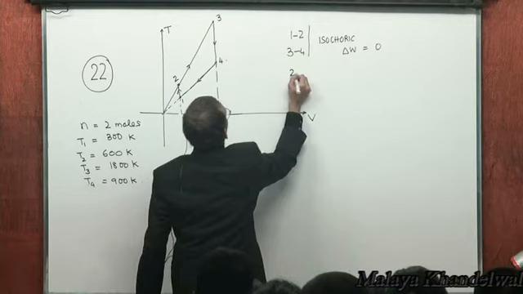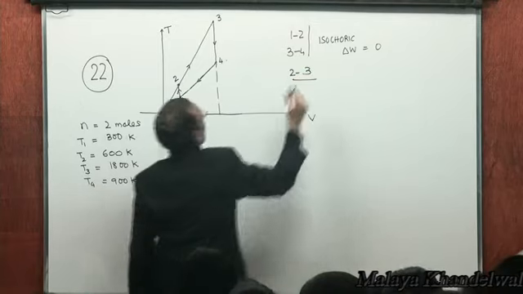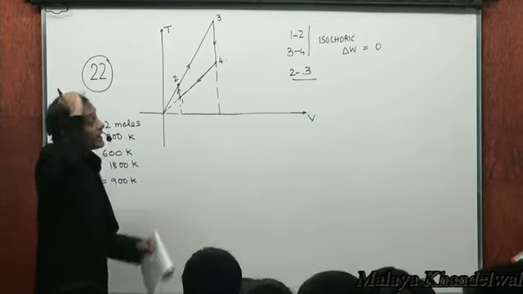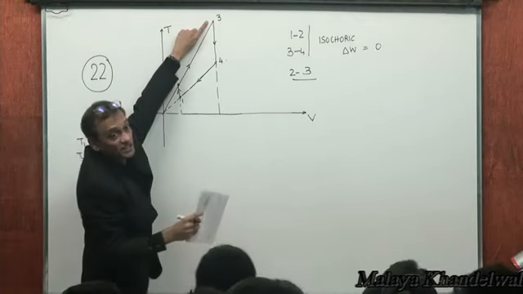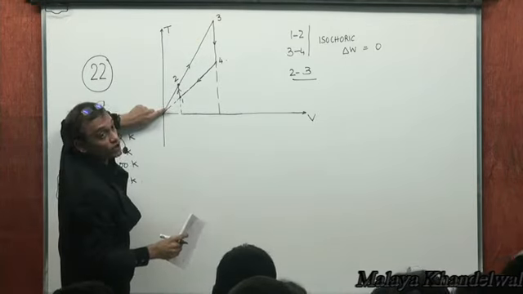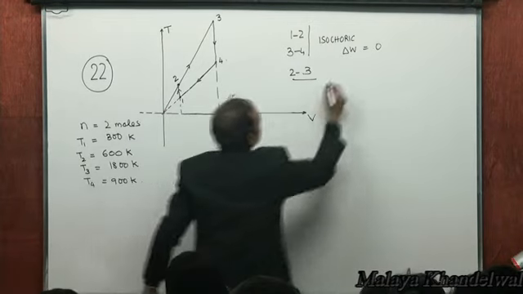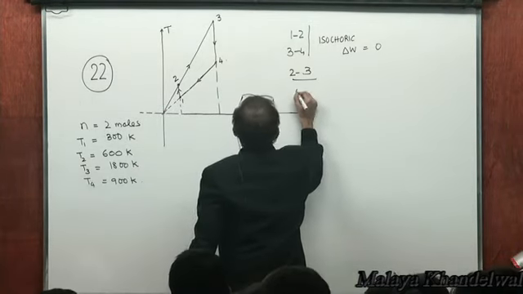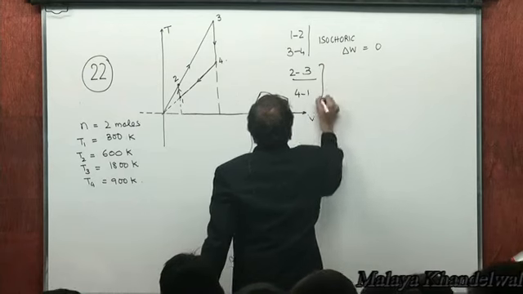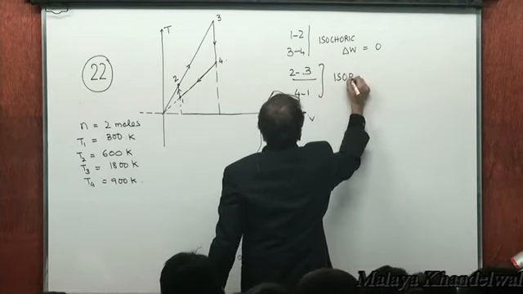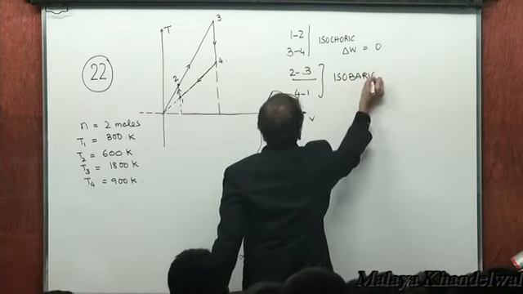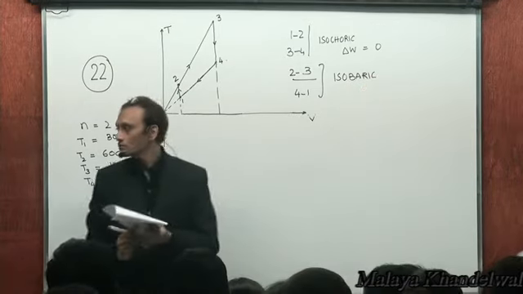2, 3. What kind of a process is 2, 3? Isobaric, yes. See, T versus V, a straight line passing through the origin will happen when pressure is constant. So 2, 3 and 4, 1 are isobaric processes, constant pressure processes.